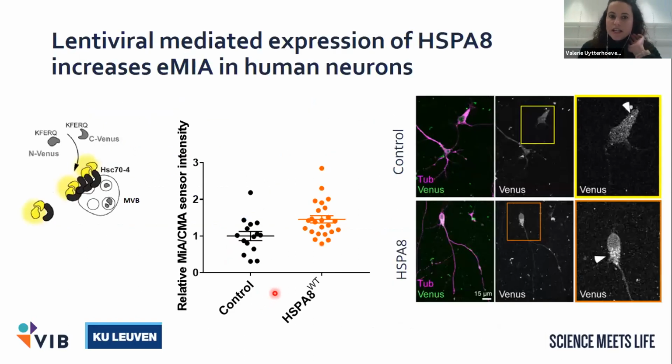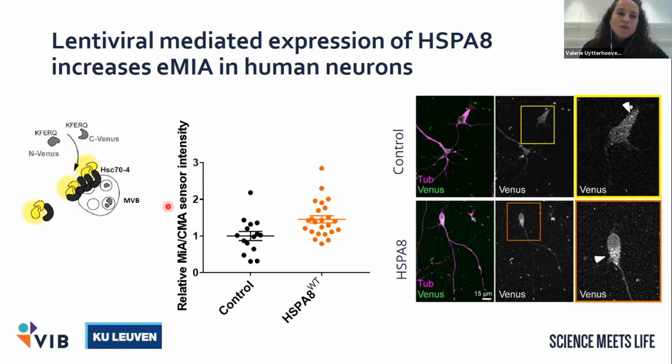So to take now the next step is to check the relevance in human neurons. So we are now checking if the expression of HSPA8, the human homologue of HSC70, can increase endosomal microautophagy.